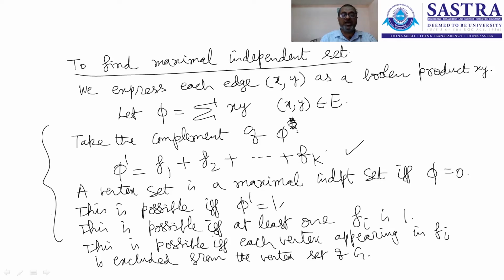And if each term has to be 1, then it is possible that each vertex appearing in the Fi has to be eliminated or excluded from the vertex set G. Okay, so now what happens here is that when you do it like this, each Fi will yield a maximal independent set.